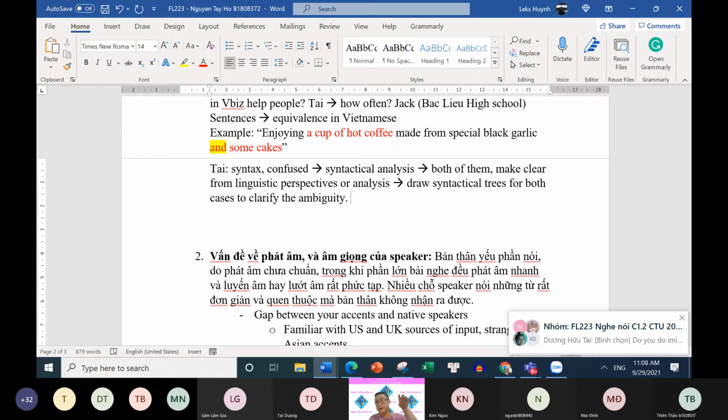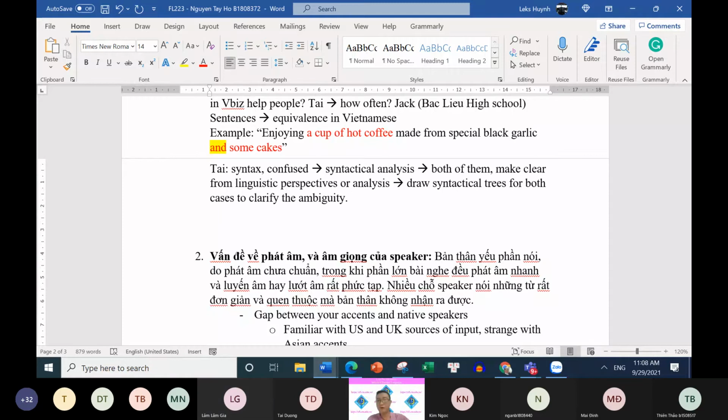So actually this sentence can make you think different ways, and it's normal because this sentence is ambiguous. Okay, so if you ask me, I have to draw two syntactical trees.